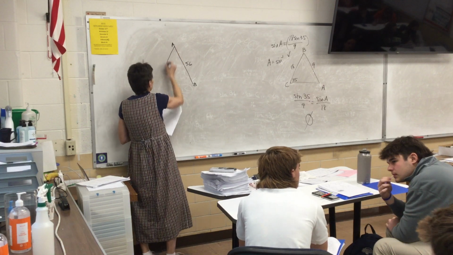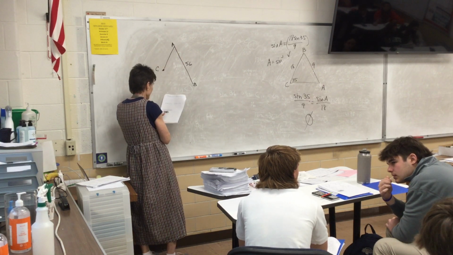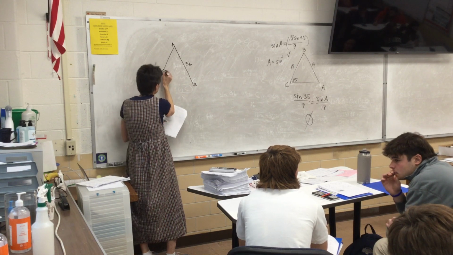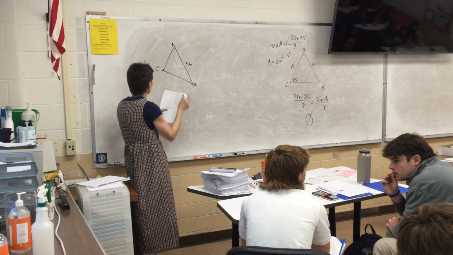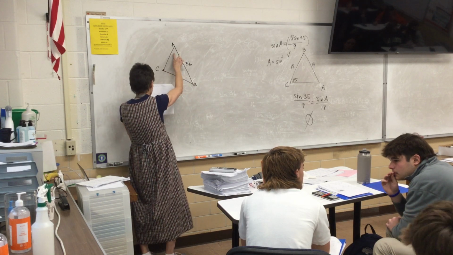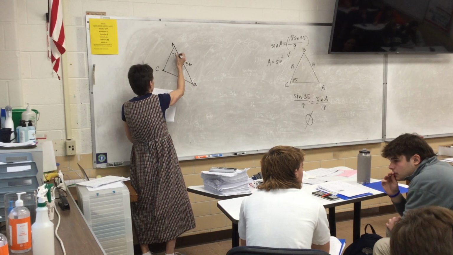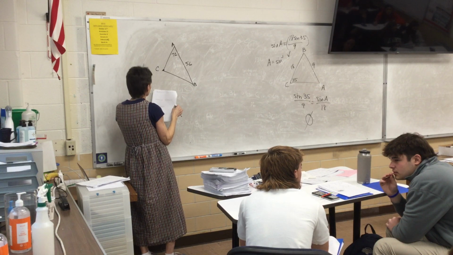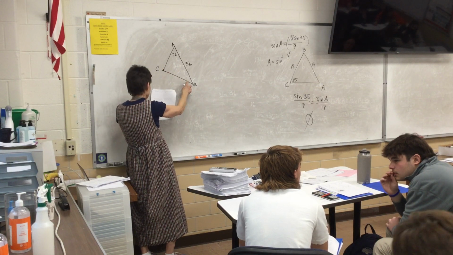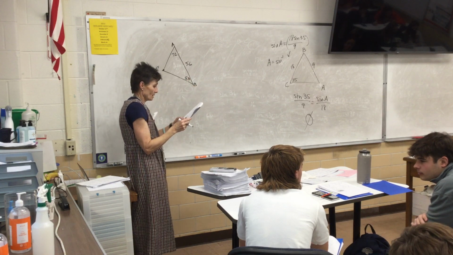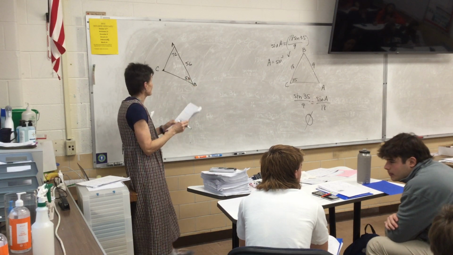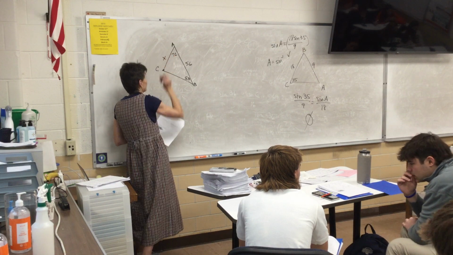And then there's this point on the other side called C. What do I know about C? Angle BAC is 72, and angle ABC is 53. Find the distance from C to A.